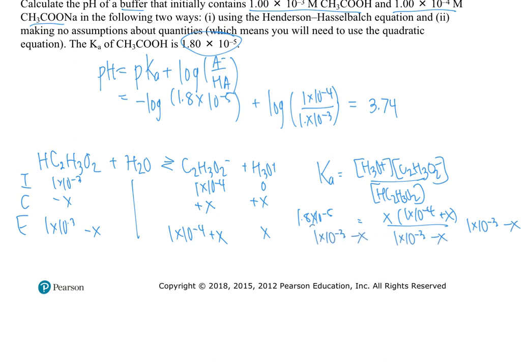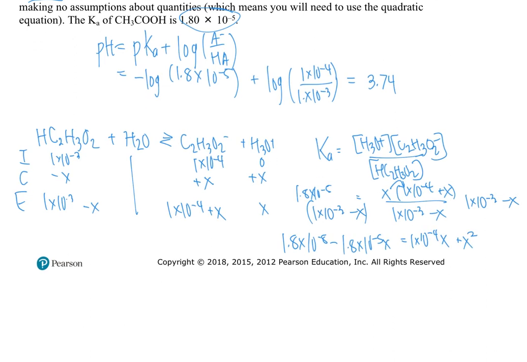So I'm going to have to do some distribution. So I'll have 1.8 times 10 to the negative 8 minus 1.8 times 10 to the negative 5x equals x. I'm going to distribute that in as well. Whoops, let me erase that. 1.1 times 10 to the negative 4x plus x squared.